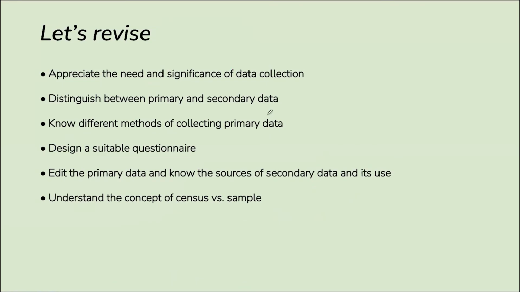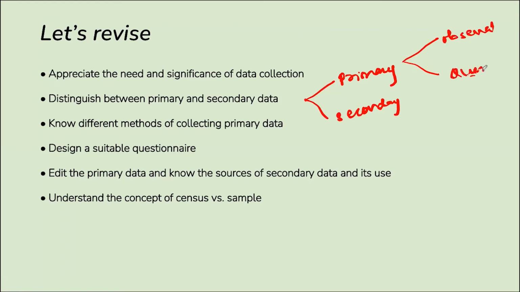Okay, so this concludes unit 1. In this unit, we appreciated the need and significance of data collection. We understood why we collect data, to make inferences about the population. Then we studied two types of data, the primary data and the secondary data. Then we studied different methods of collecting primary data: the observational method and the questionnaire method.